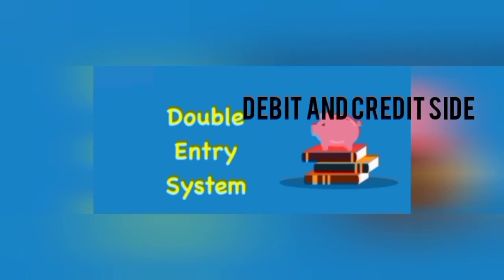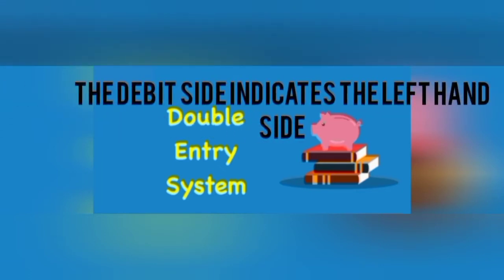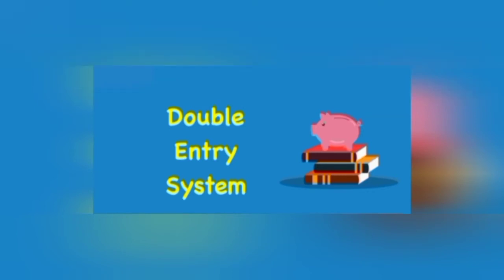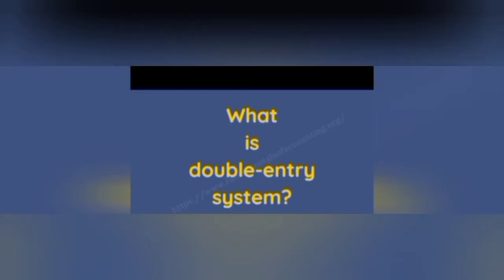Like I said, for double entry system, there must be the debit and the credit side in the transaction. For this transaction to be complete, the debit side indicates the left-hand side, all right? And the credit side indicates the right-hand side. So that is double entry system.